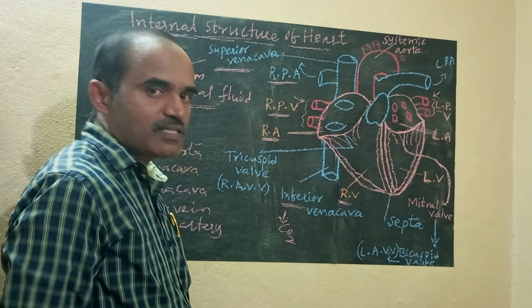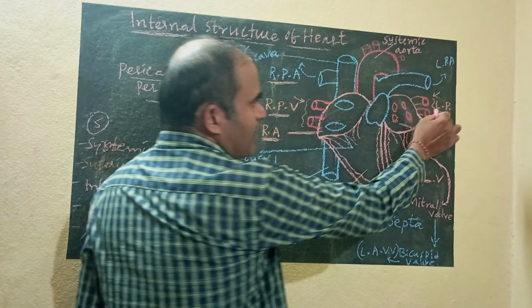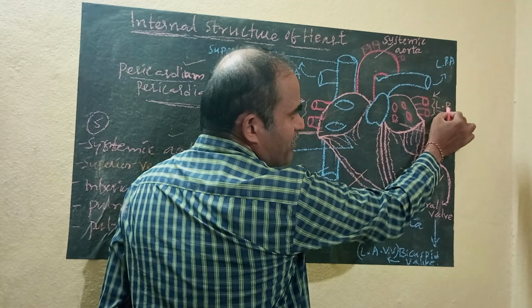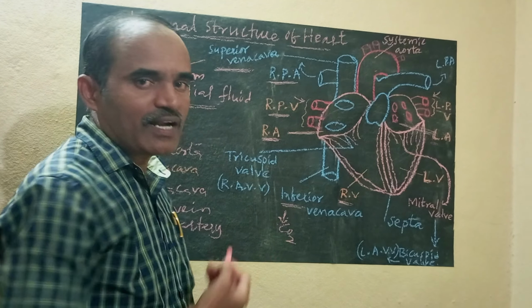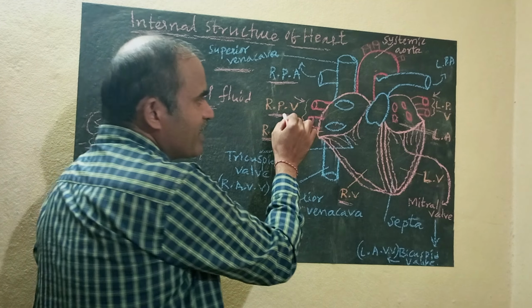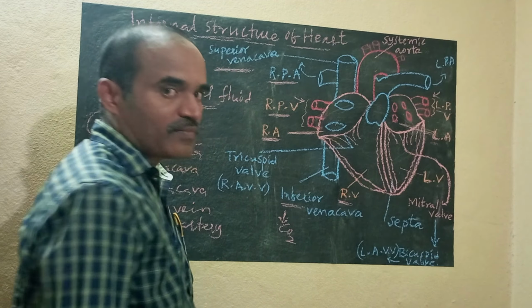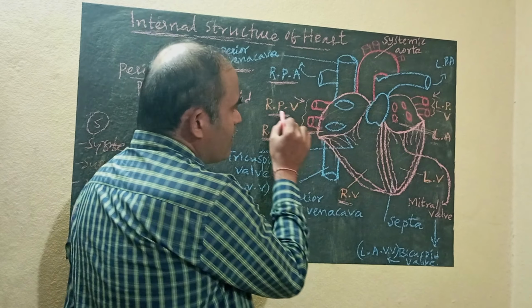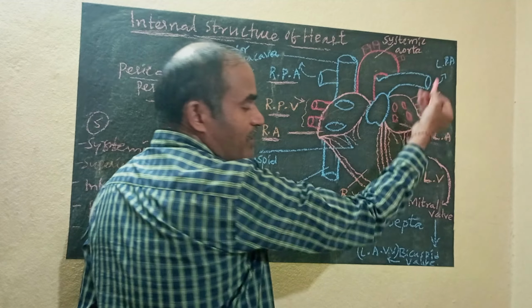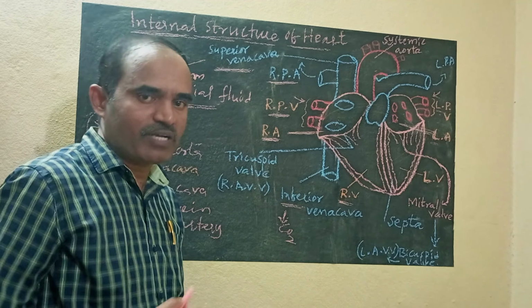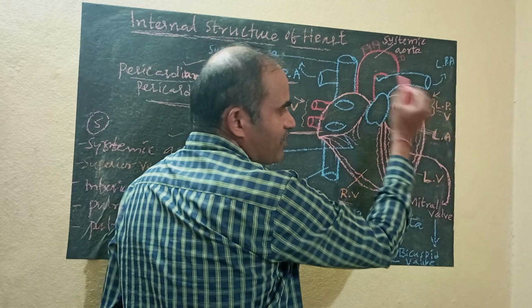These two blood vessels collect oxygenated blood from the lungs, rich in oxygen, and empty their blood into the left atrium.